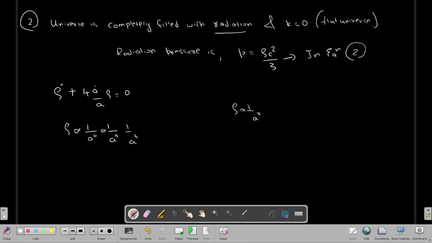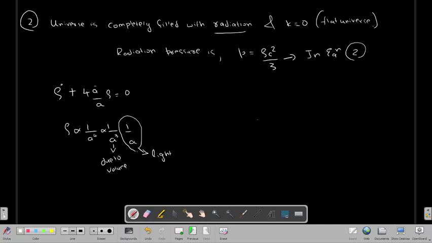So what is the reason that you are getting this extra 1 by a here? See what is happening: the 1 by a cube is due to the volume, and this extra a is coming here because light is also getting stretched.